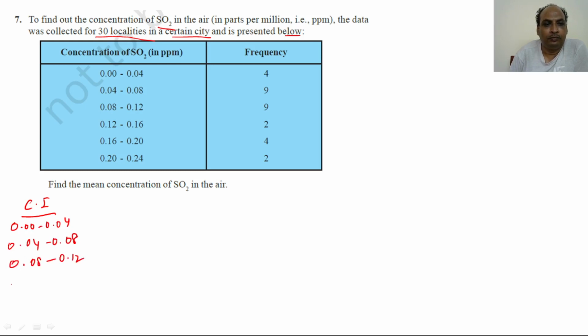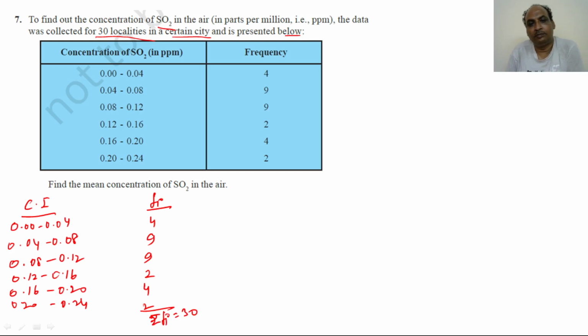The frequencies are 4, 9, 9, 2, 4, 2. As it is already given 30 localities, this addition will become 30 only.